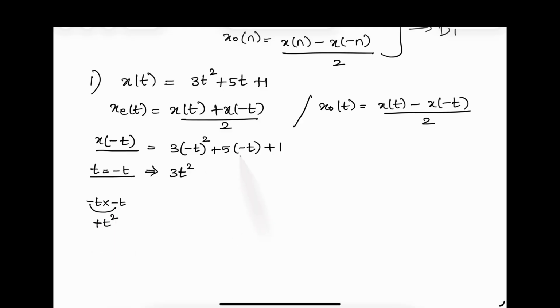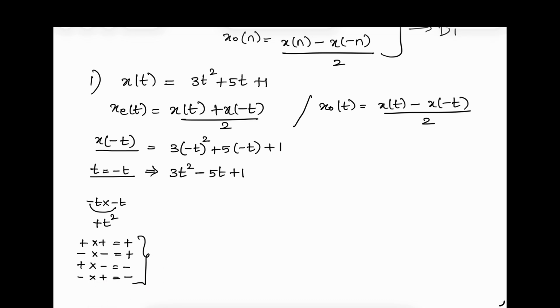Plus into minus becomes minus, so minus 5t plus 1. You need to know plus into plus gives plus, minus into minus gives plus, plus into minus gives minus, and minus into plus gives minus. If you know all this, you can easily do the answers. So what is x of minus t? X of minus t is 3t square minus 5t plus 1.